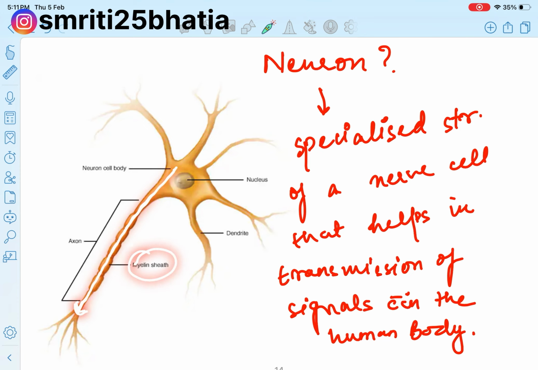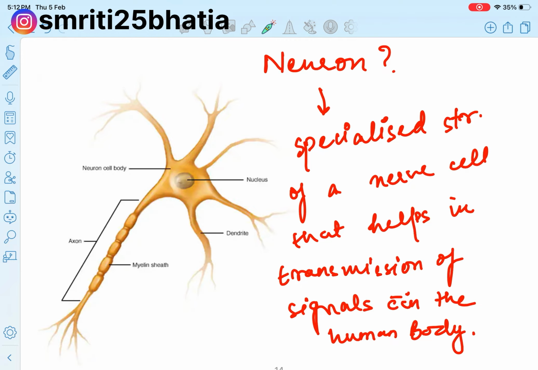It is an insulating layer, so the signal will jump over the myelin sheath, and when the signal jumps, it increases its speed. So the myelin sheath helps in increasing the speed of nerve signal or impulse transmission.